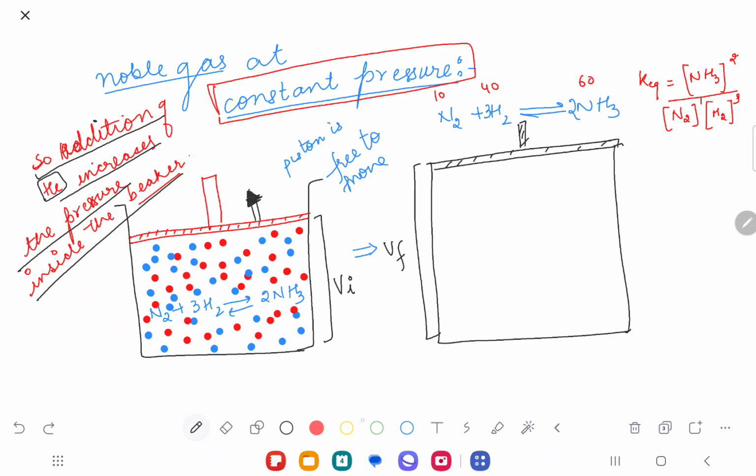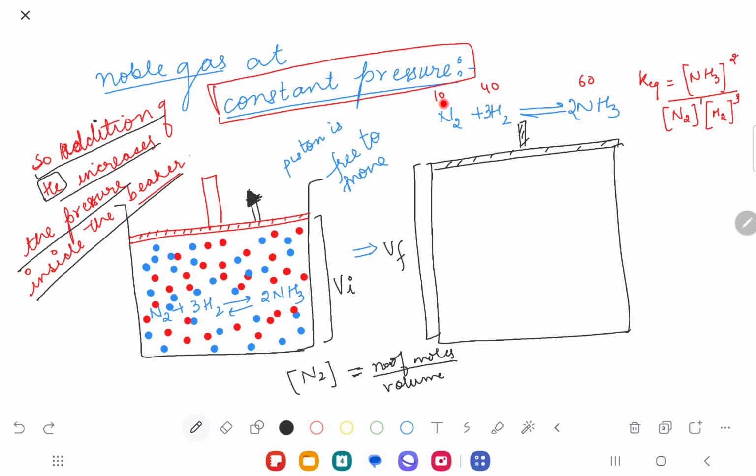And what was that concentration? That concentration was number of moles over the volume. That was my concentration of nitrogen, isn't it? But helium has not actually reacted with any of them. So nitrogen, if it was 10 moles initially, then even now nitrogen's moles have still remained 10 moles.